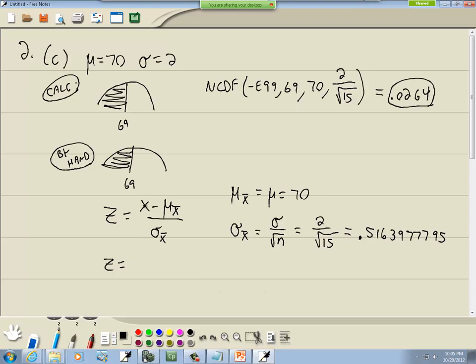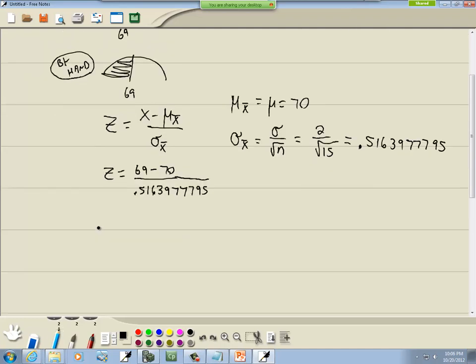So x is 69 minus mu sub x bar, which is 70, over all of that. Again, I don't want to round until I absolutely have to, like when we're getting ready to look it up in the table.